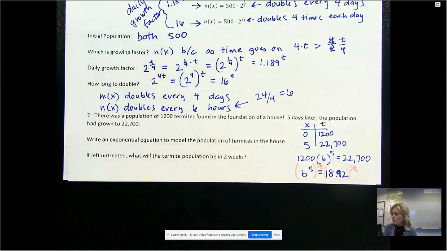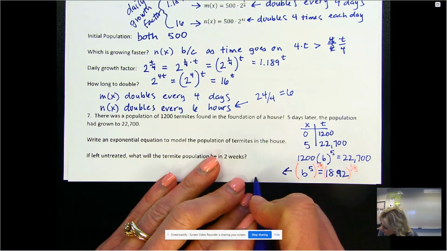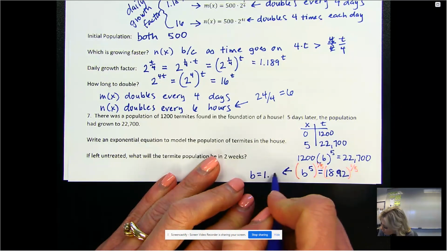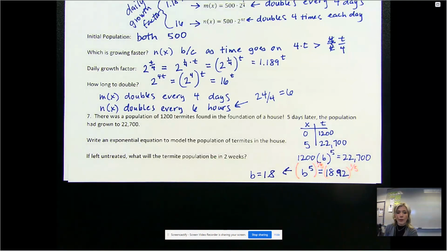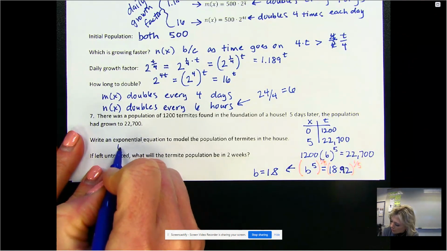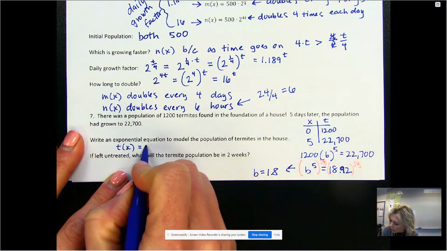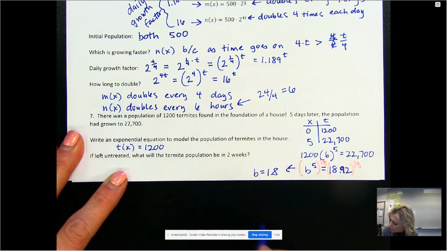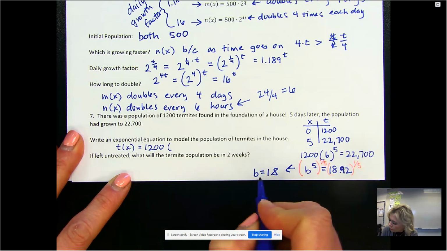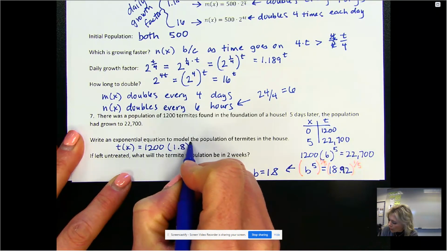So after doing this, I get that b is about 1.8. So I know the a value, I know the b value. We can write an equation. So the equation, let's say t of x for termites, equals the initial amount, 1,200, times the growth factor, which is approximately 1.8, to the x.